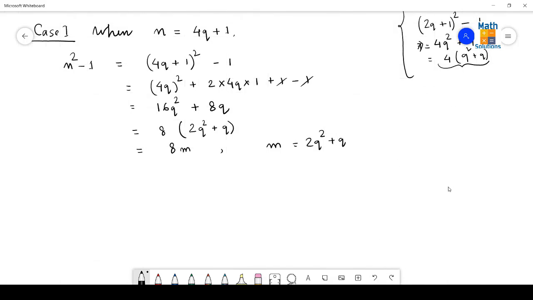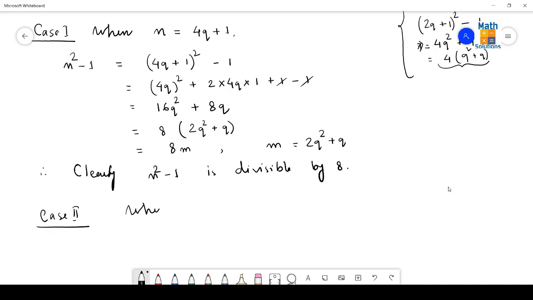So I can conclude for case 1, therefore clearly n square minus 1 is divisible by 8. Coming to case 2, the other case we have to consider, the value n is equal to 4q plus 3.